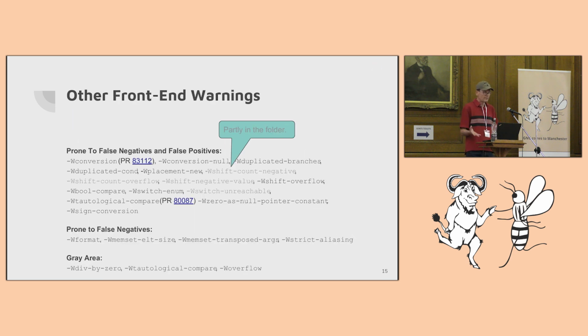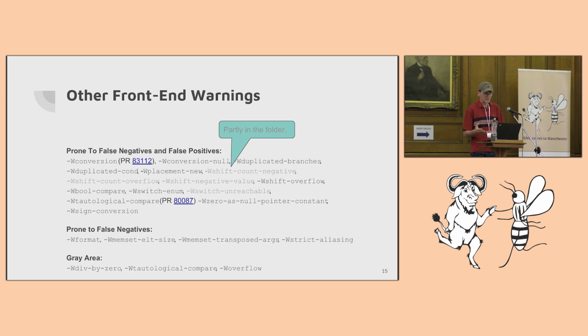There are also a fair number of other warnings that don't use the pattern approach, or that are implemented largely in the front ends and are, as a result, prone to false negatives and false positives. The warnings that are implemented in the folder, or partially implemented in the folder, are in light gray. The others in black are implemented fully in the front ends.